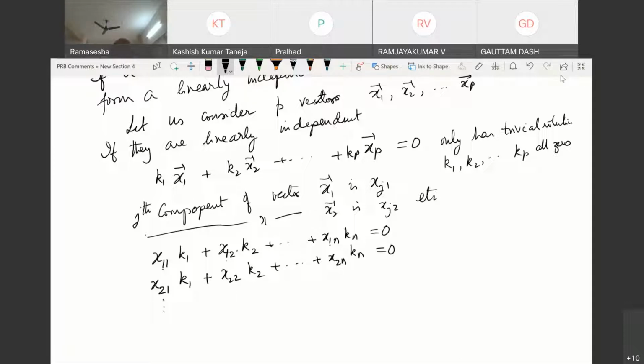And for the nth component, because we have p vectors, but each vector can have n components, I have xn1 k1 plus xn2 k2 etc. plus xnp kp is equal to 0.